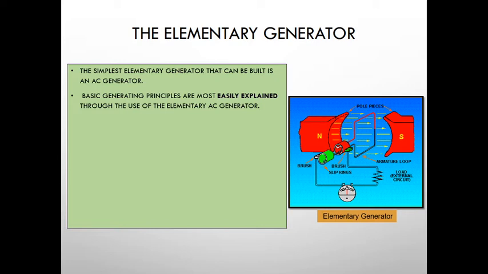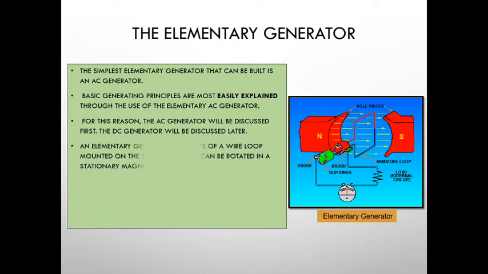So ato sugdan sa AC generator. For this reason, unahan na to discuss ang AC generator before we discuss the DC generator. So elementary generator consists of a wire loop mounted in the shaft, shafting na to na diha ang loop of wire, so that it can be rotated in a stationary magnetic field.